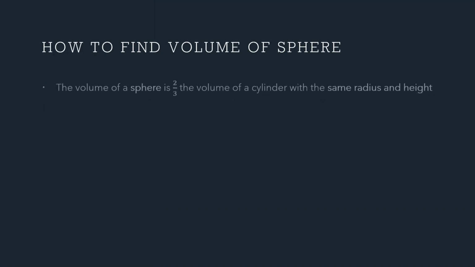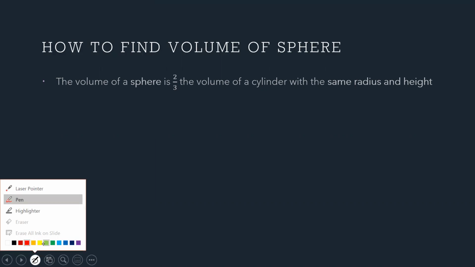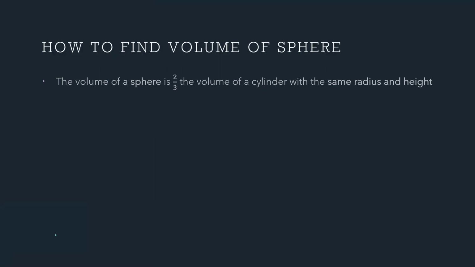Well, the first thing we'll know is that the volume of a sphere is 2/3 of the volume of a cylinder that it fits inside of. So if we can picture that we have a cylinder like this, and we have a sphere that fits perfectly inside of it.